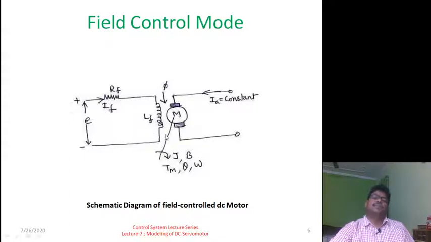The current If will flow through this field winding, and due to this If there will be the flux phi in the air gap, and the developed torque Tm will be equal to Kt into If.